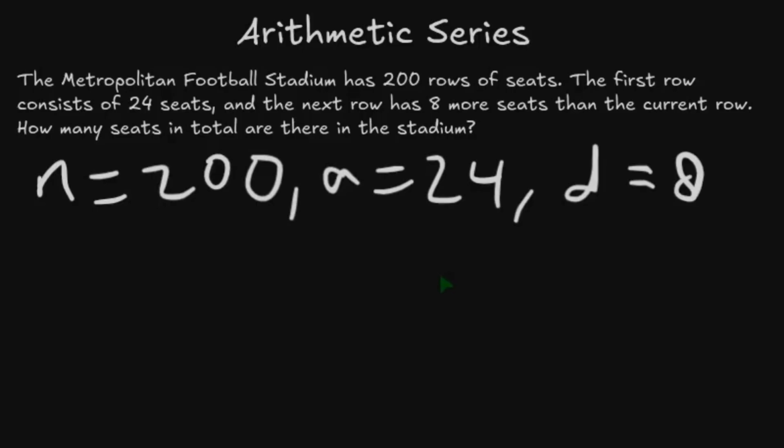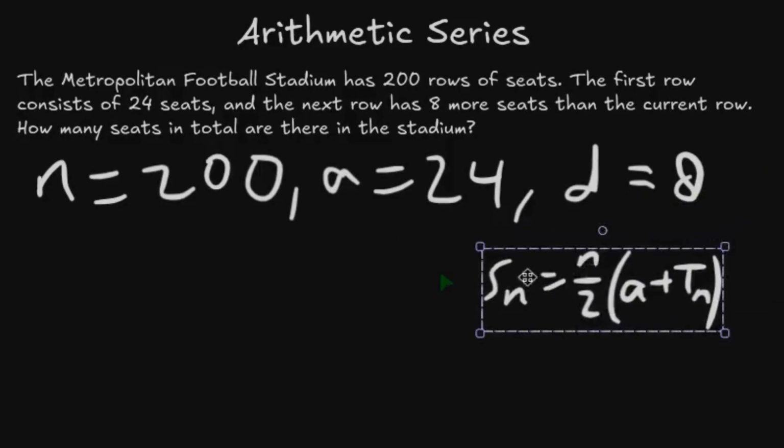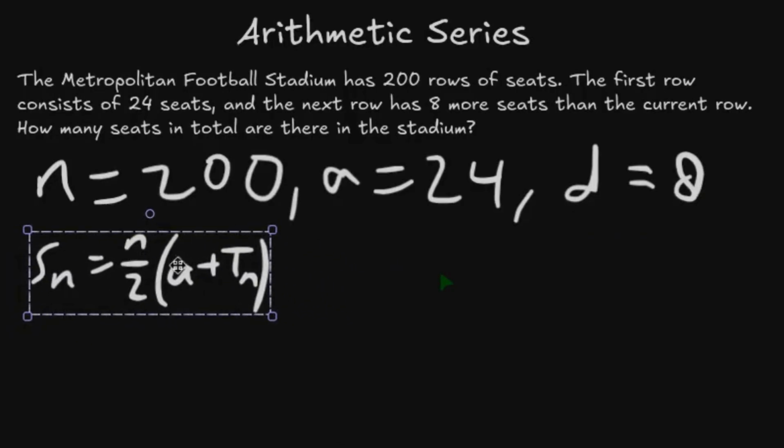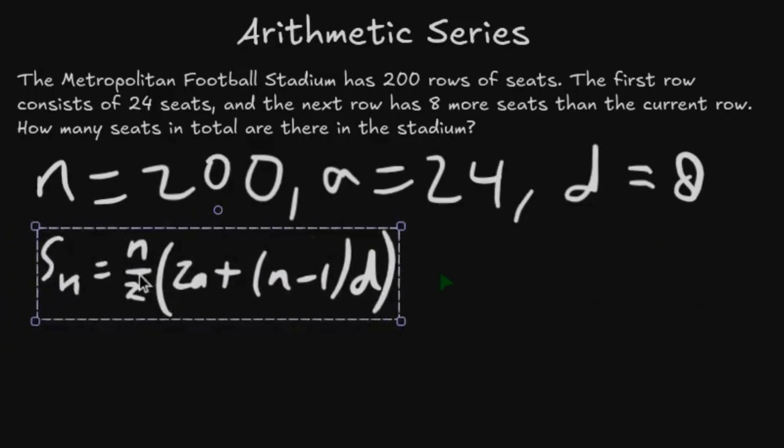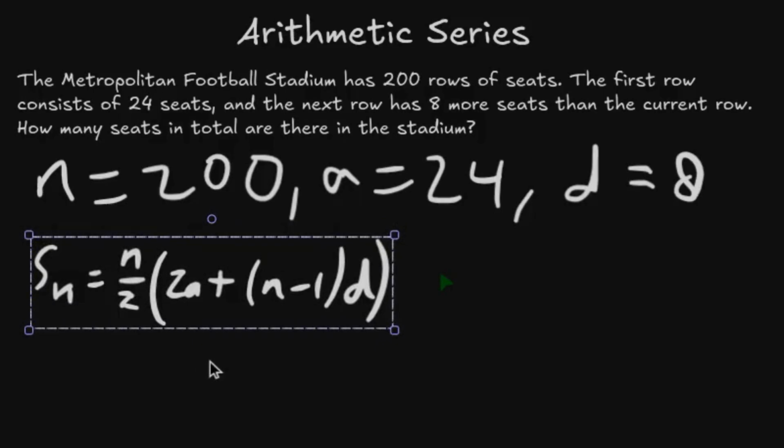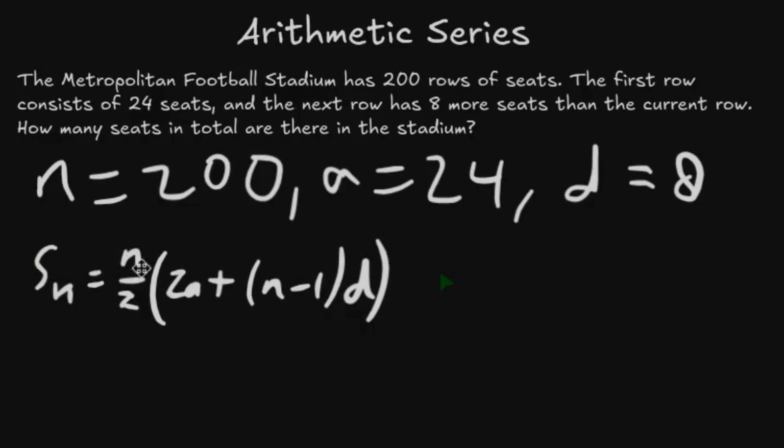So the question requires us to find Sn, and we have the formula that we used in the previous question, but I do not prefer you to use this formula. Instead, we're going to use another formula that we have also discussed, which is this formula. We have the value of n, the value of a, and the value of d.